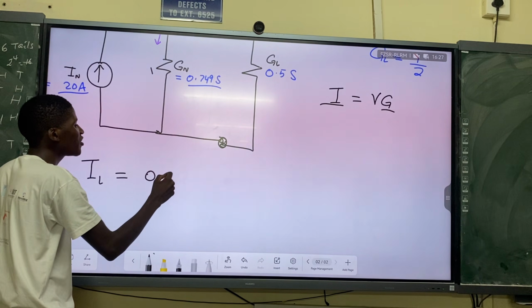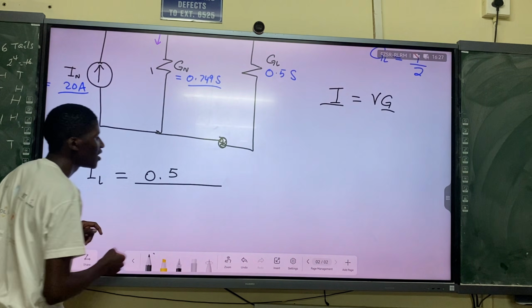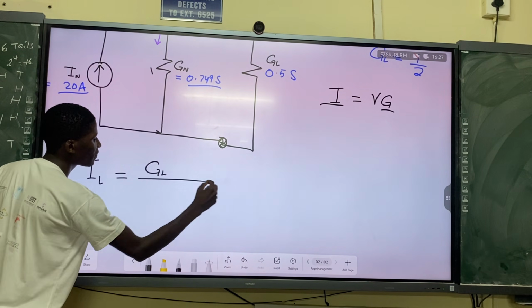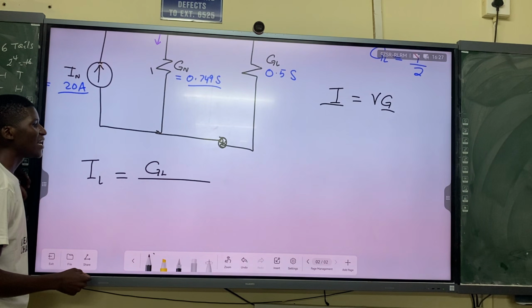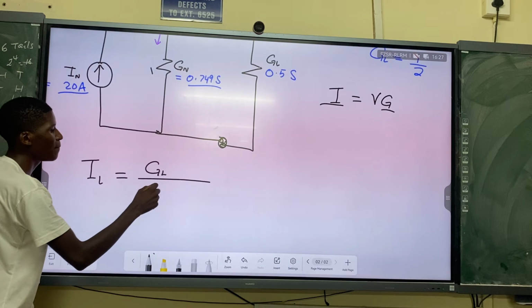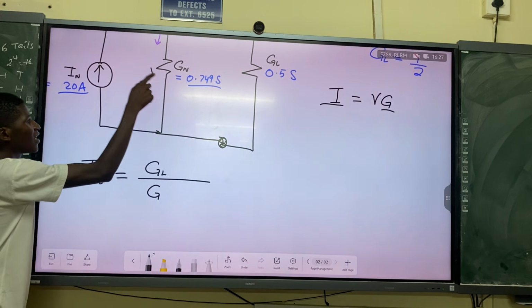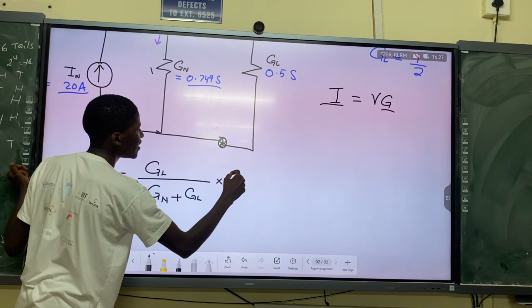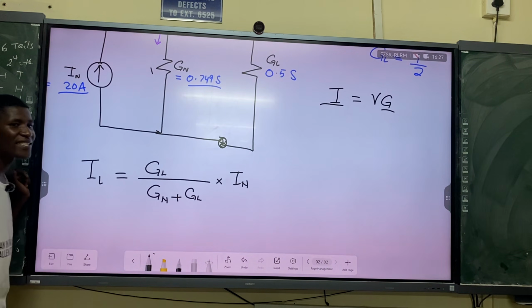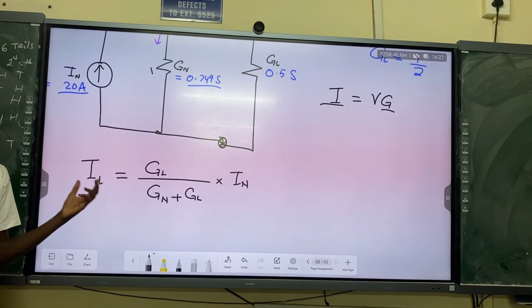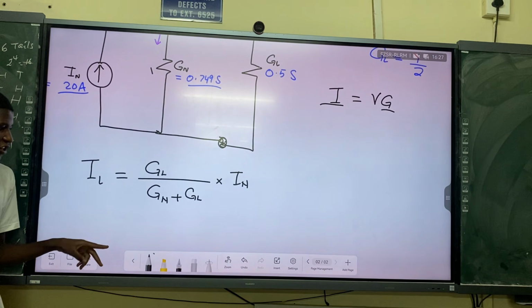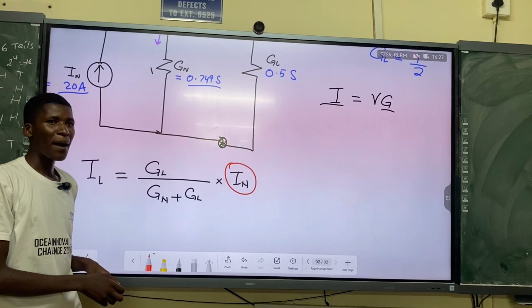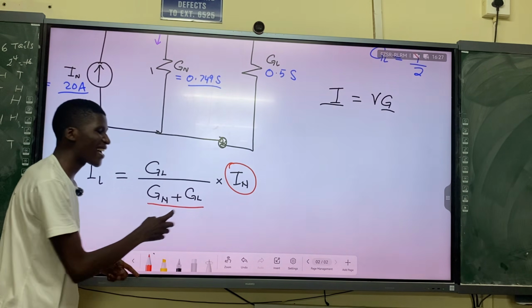So the smaller portion, which is 0.5, let me write it as a formula: the conductance of the load divided by the sum of our conductances, multiplied by the Norton's current. This is just the ratio. We divide the current I_N by looking at the conductances.